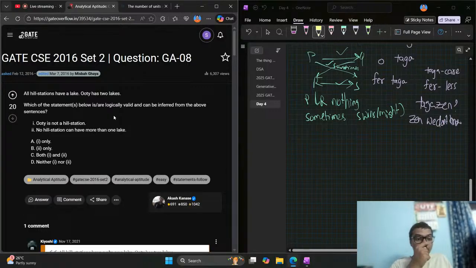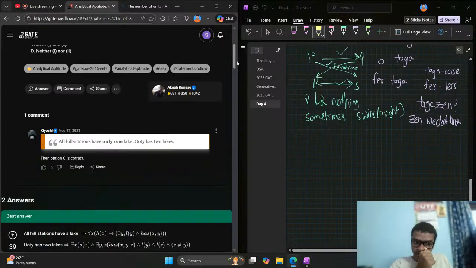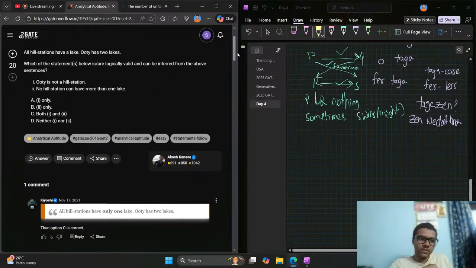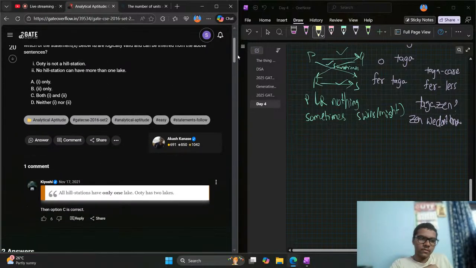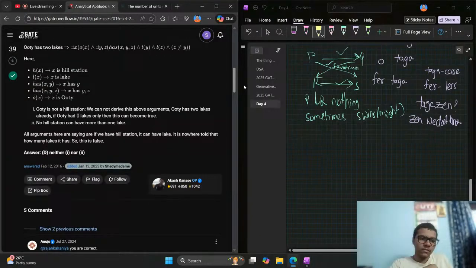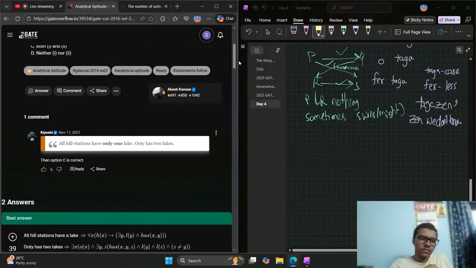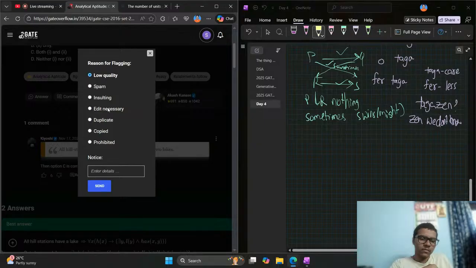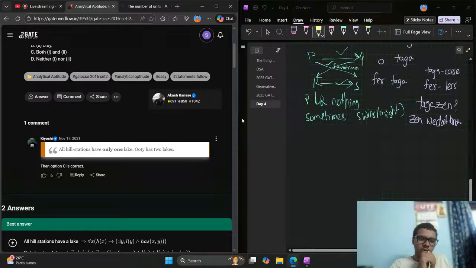Ooty might be a hill station if you don't know what Ooty is. Neither one or two. You idiots. Okay, comment cannot be flagged.